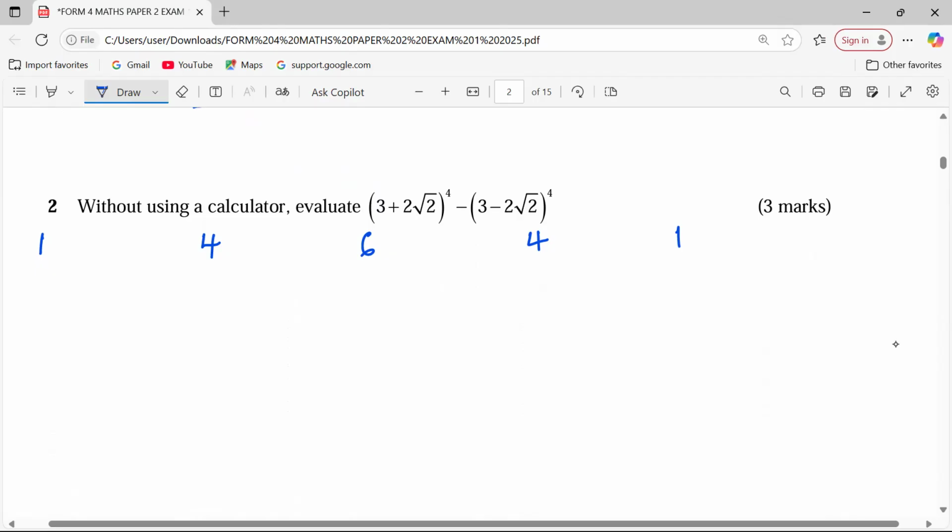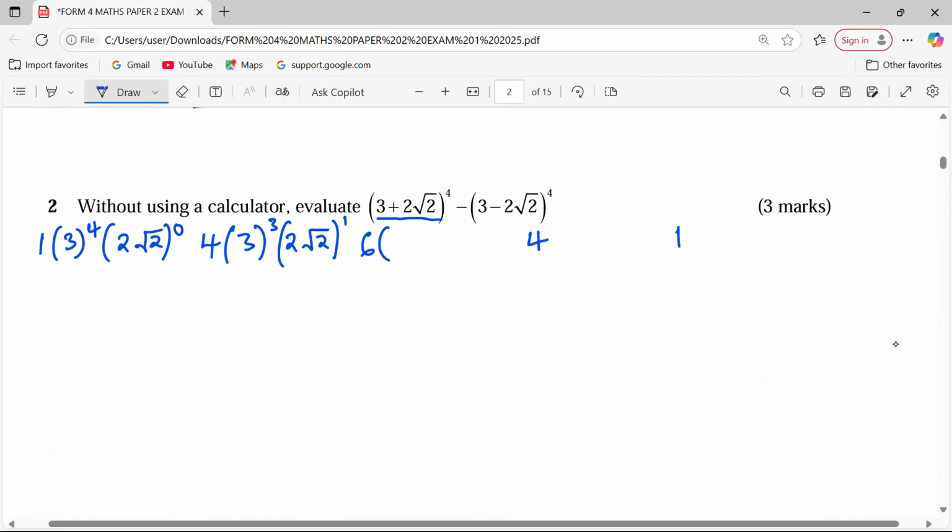So now we start by expanding the first expression. 3 takes power 4, while 2 root 2 takes power 0. Now in the second term, 3 shall take power 3 as 2 root 2 ascends to power 1, like that.